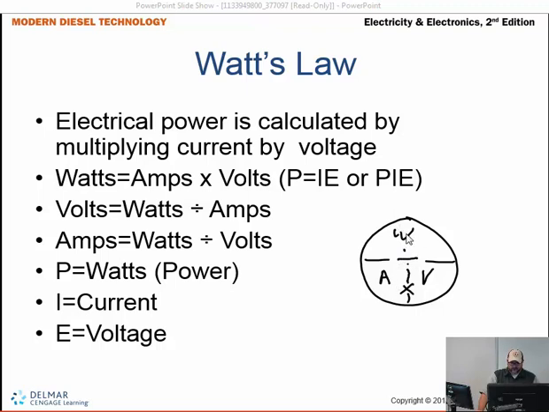If we know our watts and our voltage and we're looking for amps, we can use this math the same way. We cover up the A, and what's left is watts divided by volts. And then let's say we know the amps and the volts, then we can find watts by multiplying amps times volts.